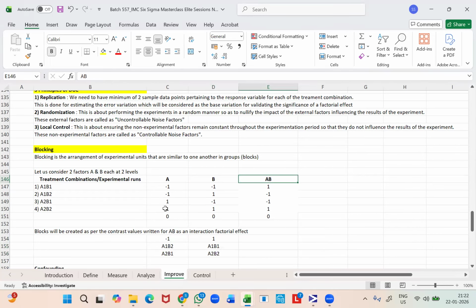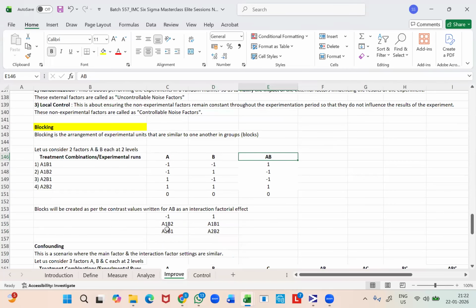Which anyway we would be willing to sacrifice. So this is the blocking technique that we would follow in order to practice local control, which says that we need to nullify the impact of the non-experimental factors influencing the results of the experiment.